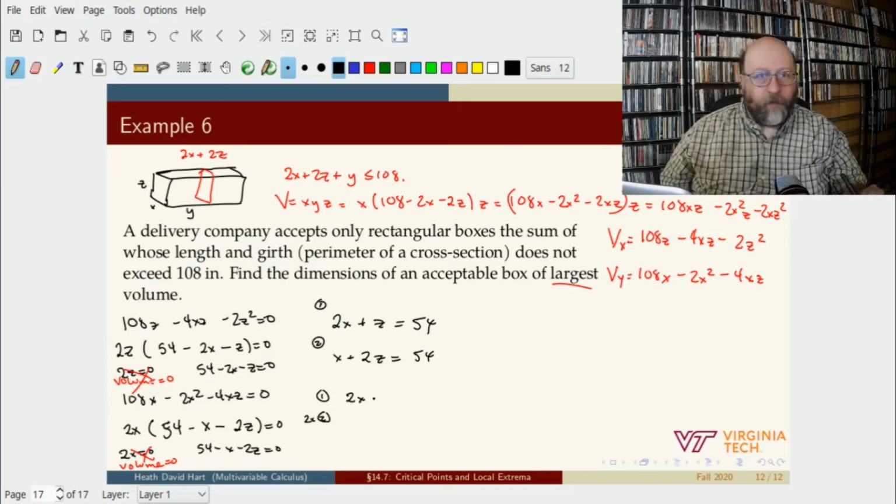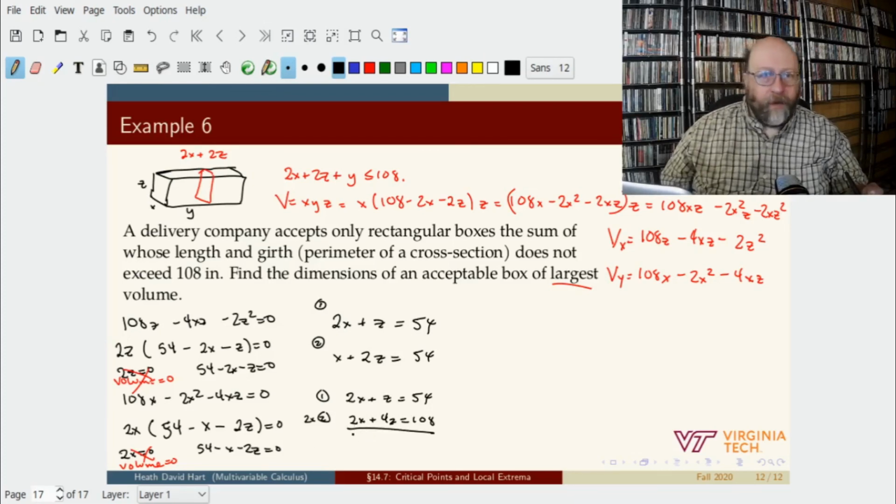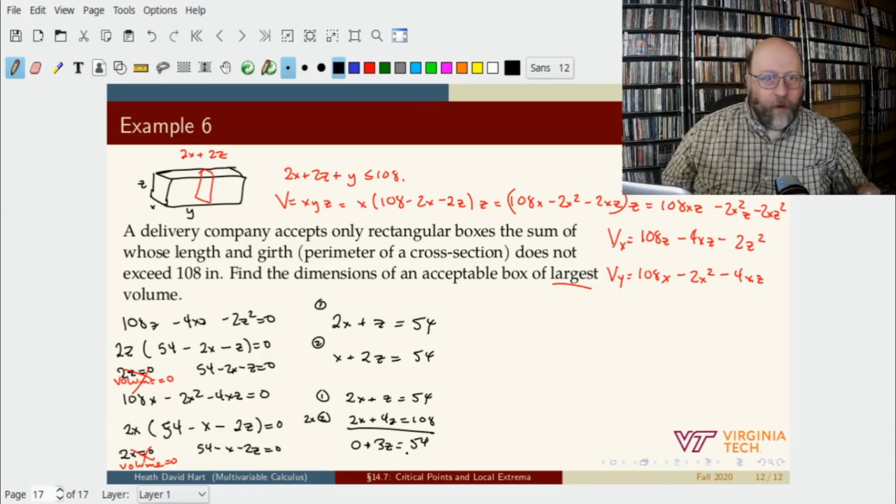So we have 2x plus z equals 54, and 2x plus 4z equals 108. And then we're going to subtract. 2x minus 2x is 0. 4z minus z is 3z. And 108 minus 54 is 54. 3z is equal to 54, and so z is equal to 18. And then we solve and we find that x is also equal to 18.